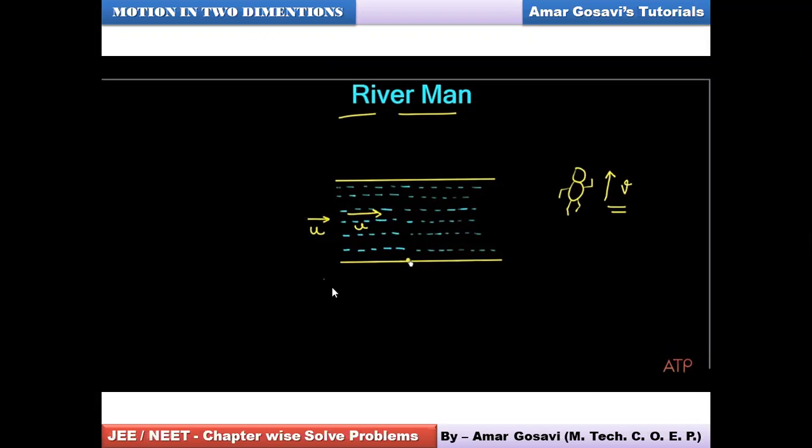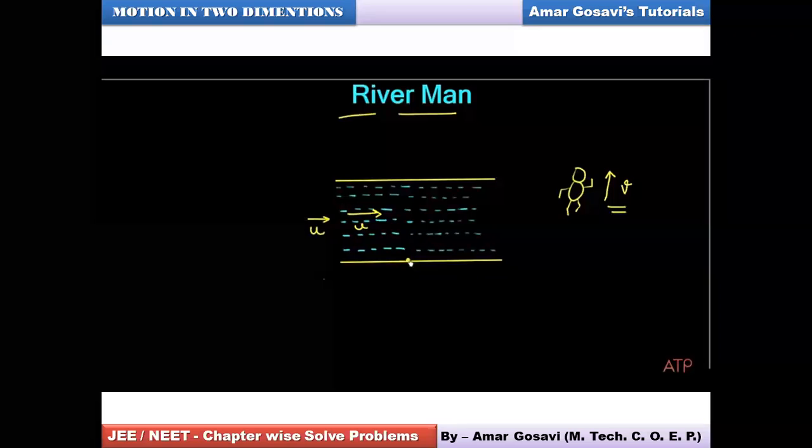Water in the river will flow with some velocity u, and the swimmer who has to cross the river from this point to this point will swim with a speed v. This is the concept. Now how he needs to swim to get the desired results. Make a note of this slide so we move ahead, then I can show you different conditions.